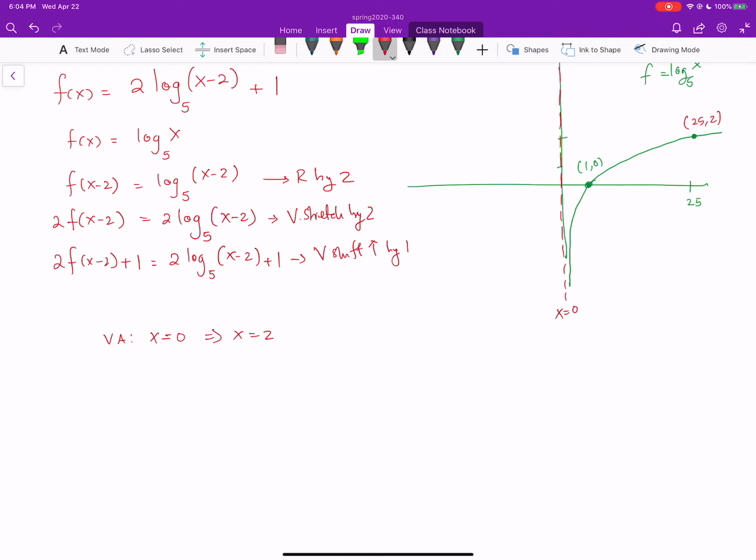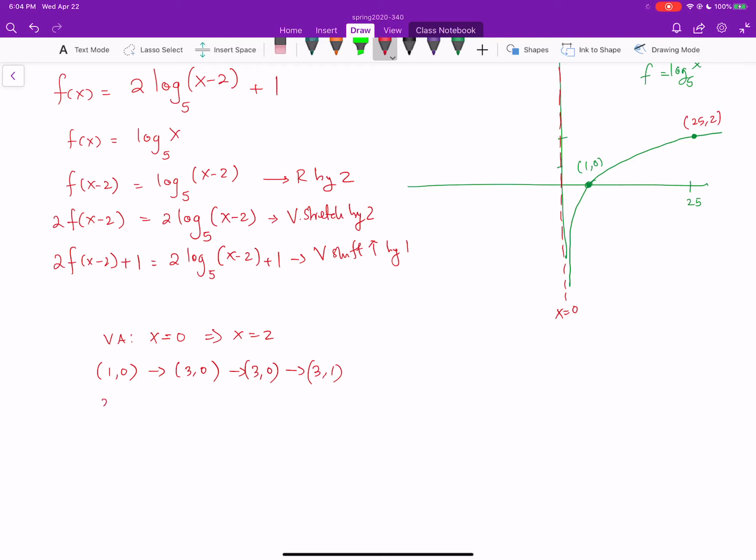If I take the point 1, 0 and walk through the transformations, it first was shifted to the right by 2. So the new point is 3, 0. It got stretched by a factor of 2, so the y gets multiplied by 2. So you still get 3, 0. And then it was moved up by 1. So that point becomes 3, 1.